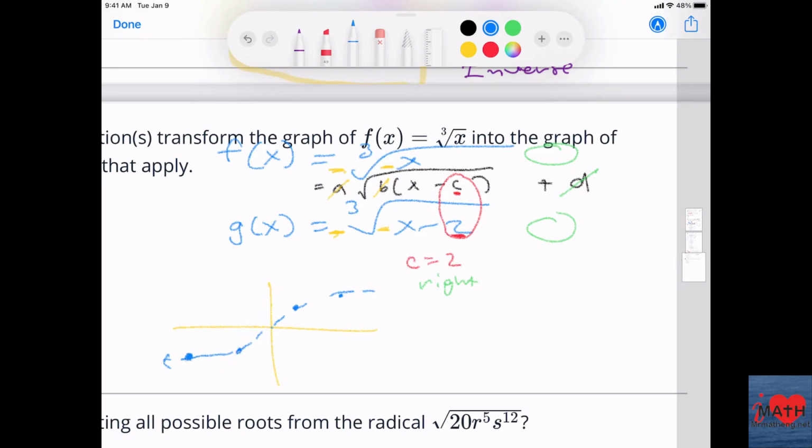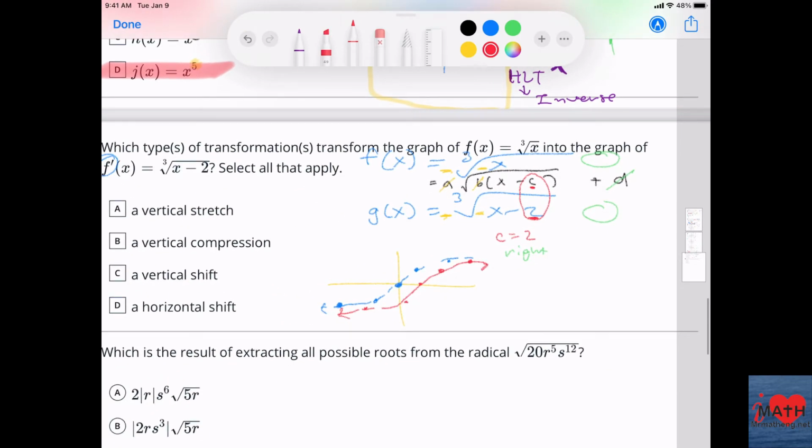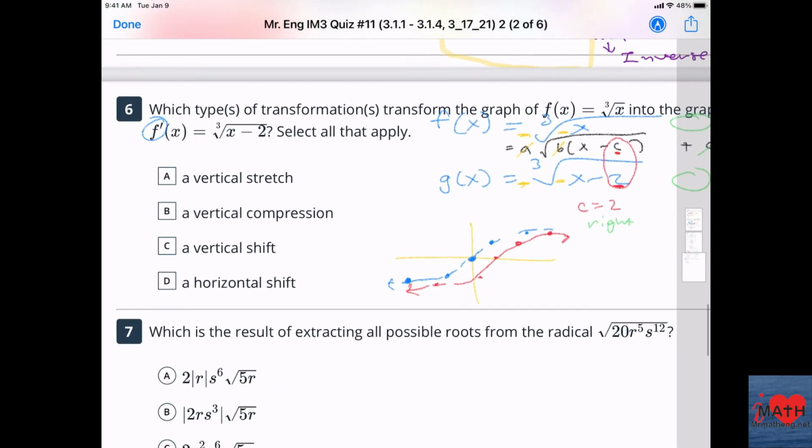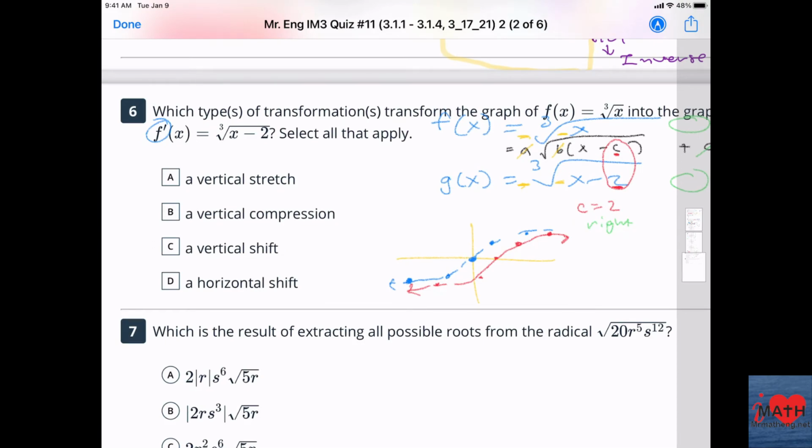Trying to make those reference points distinct. And basically what that one is, you're just moving these points to the right by 2. Something like this. And this is what your graph would look like. Okay, that's the transformation. Okay, so our c value is something called a horizontal shift. This is your c value. So that is our answer.